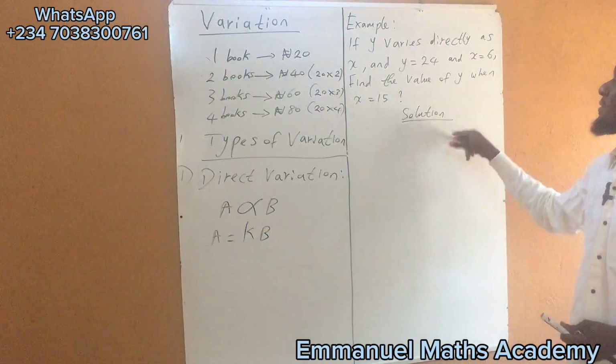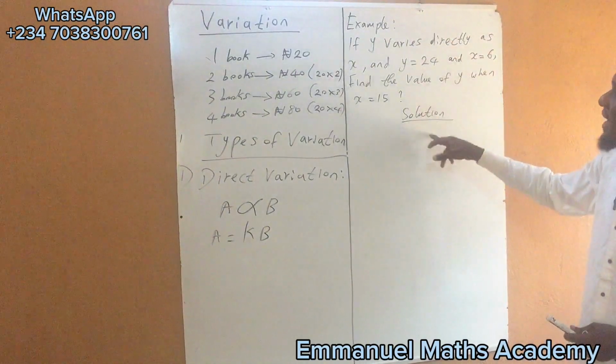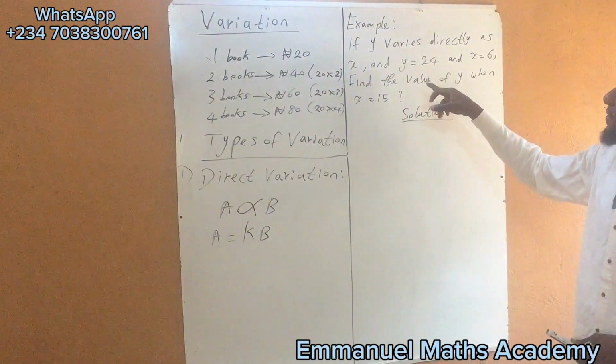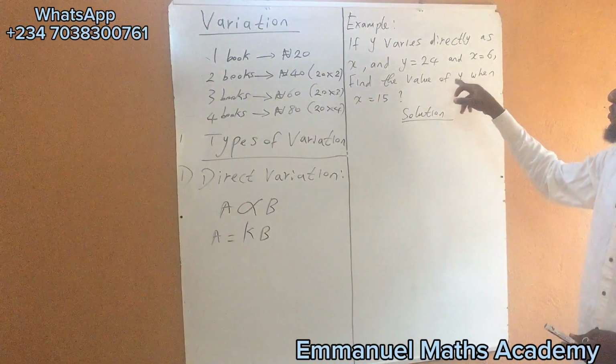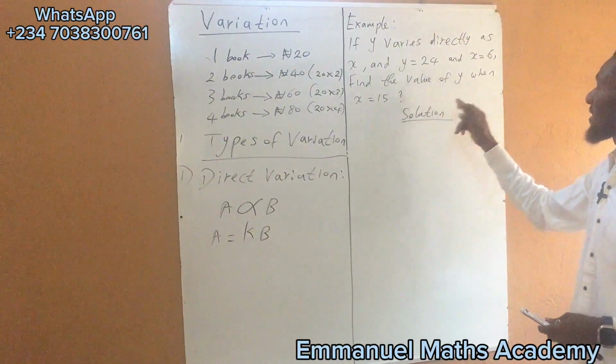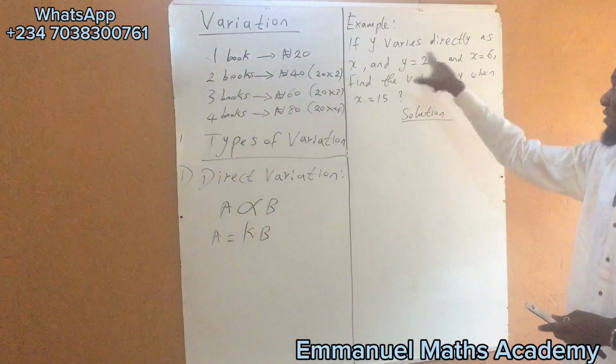Now, example. If Y varies directly as X and Y equals 24 and X equals 6, find the value of Y when X equals 15. Look at the first statement.